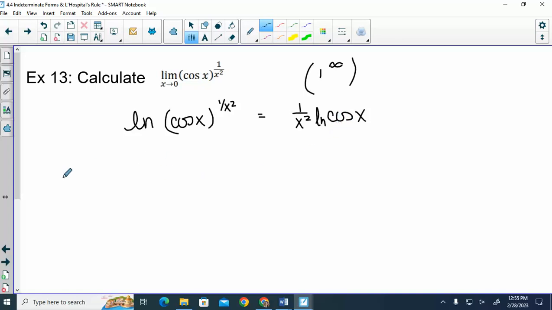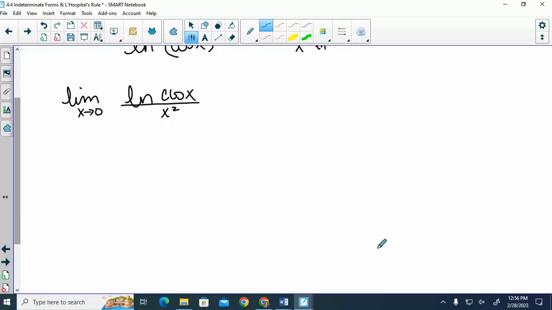And this is a nice one to turn into a fraction. What would it look like? Natural log of cosine over x squared. And what do I need to make a note to myself of? At the end, it will be e to some power.